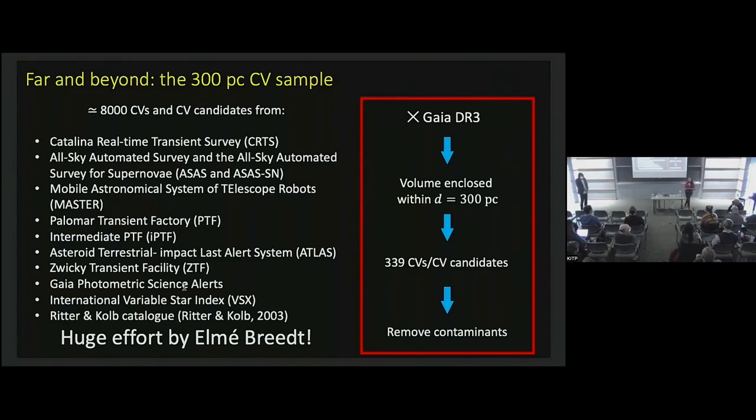For the orbital periods, the question is if there are biases in getting them. Yeah, like can you recover orbital periods for all CVs in the 300 parsec sample? Well, I mean, that would be ideal. We haven't thought about that, but what I would like to do is start a monitoring campaign to try to obtain orbital periods. But of course, the system inclination could affect your success in finding a period.